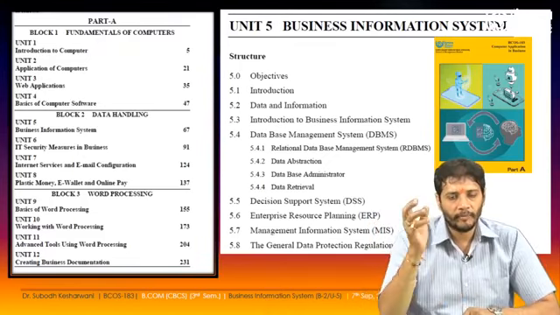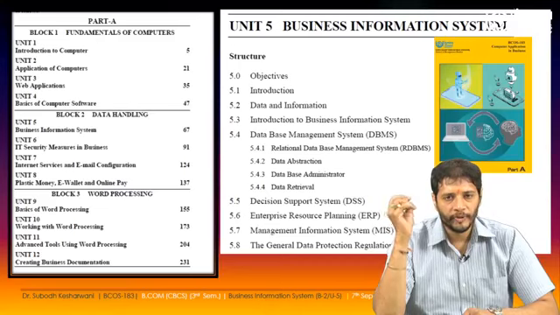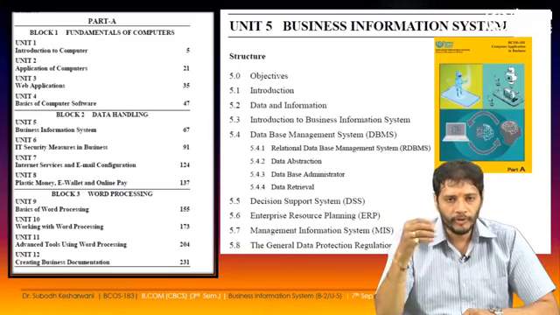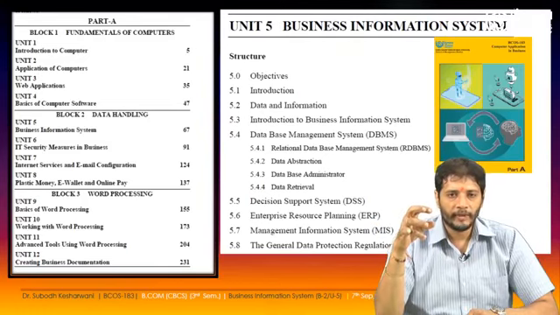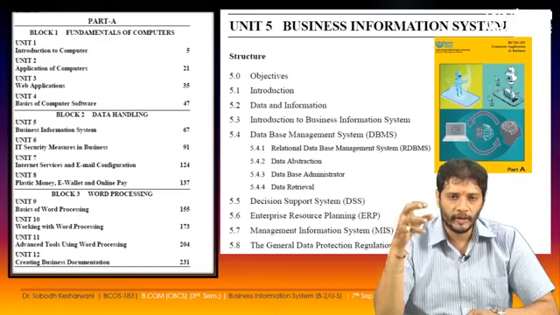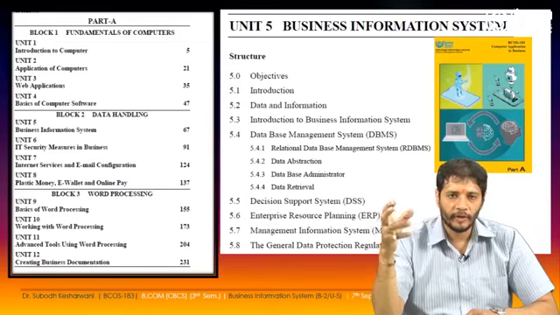Then MIS, management information system, is very important, which was there before ERP systems. And right now the General Data Protection Regulation has come up because people have started misusing data. The corporate houses take the data of individuals, and then after a certain time they either pass on the data to someone else, or sell the data.